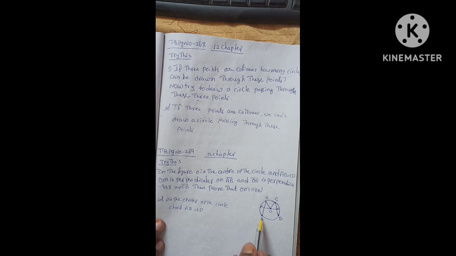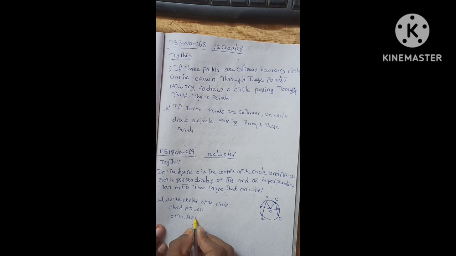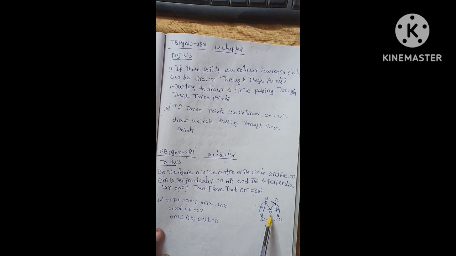OM is perpendicular to AB. ON is perpendicular to CD. Okay. Both are chords CD and AB.